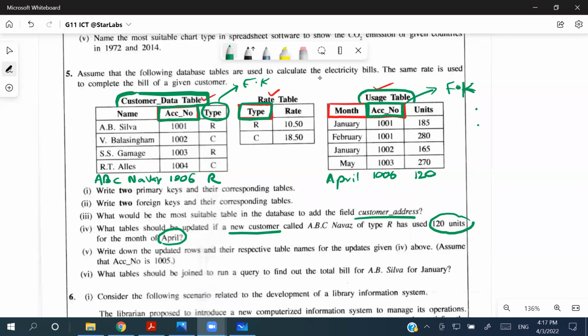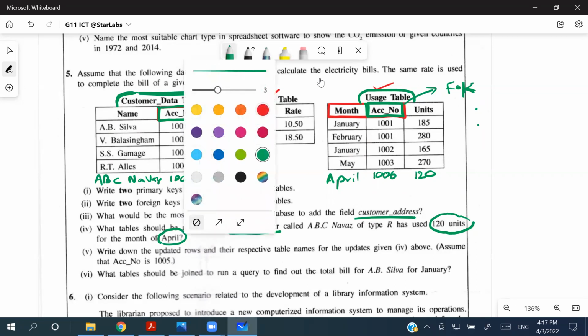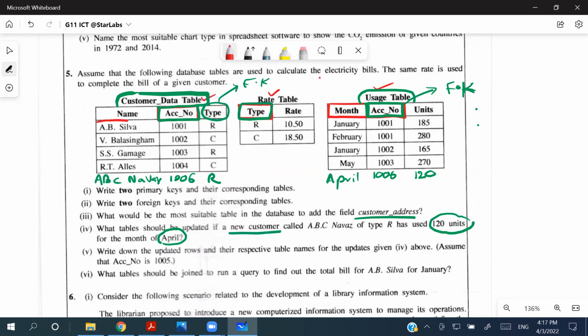So to find that detail, you need what? You need to know who is AB Silva and what is his account type, account number, and the type. And again, you have to refer the rate according to the type. So these two will be connected.